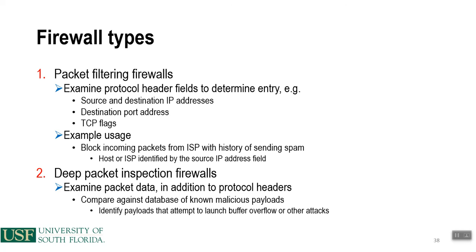Now there are multiple types of firewalls that exist. There's packet filtering firewalls. What packet filtering firewalls will do is examine the protocol header fields to determine the entry: the source and destination IP addresses, the destination port address, the TCP flags, and so on. An example of this being used is that it blocks incoming packets from an ISP with a history of sending spam.